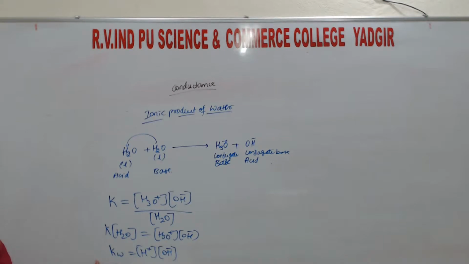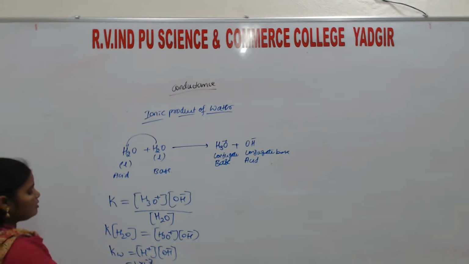Per 1 liter of pure water, the water ionizes, giving 10 to the power of minus 7 moles of hydrogen ion and 10 to the power of minus 7 moles of OH minus, the hydroxyl ions, at 298 Kelvin temperature. And here you write Kw is equal to [H plus][OH minus].